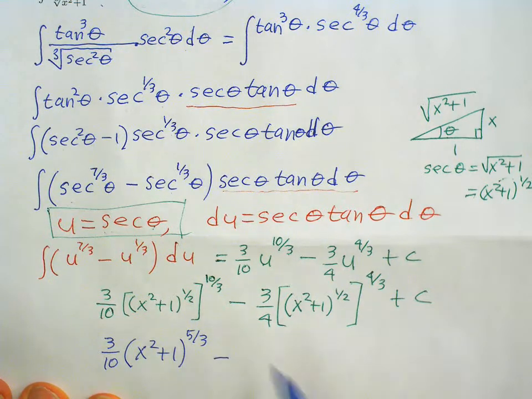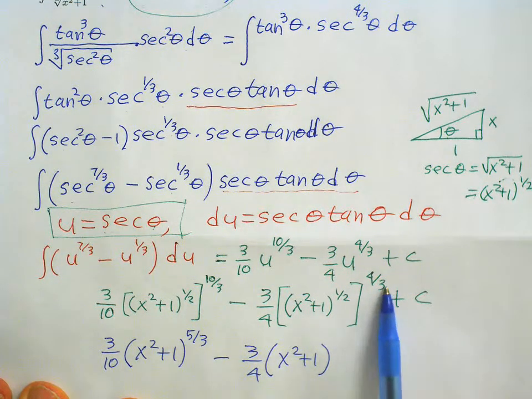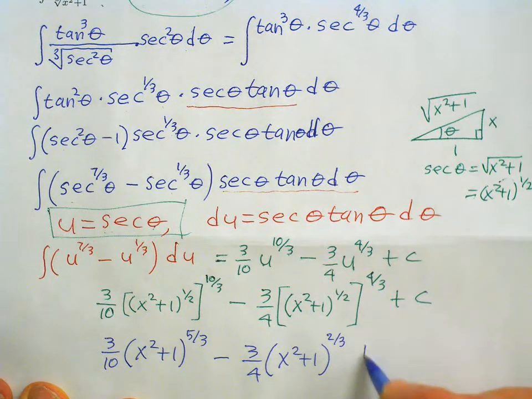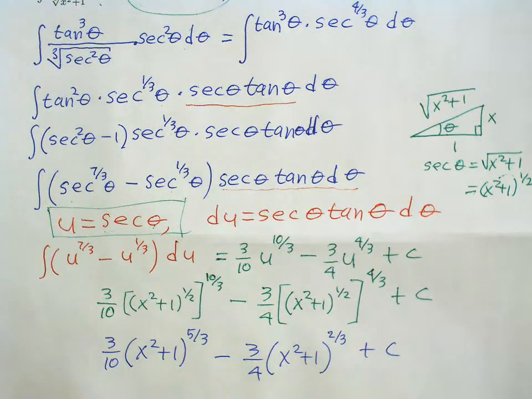And then we have minus 3/4 times the quantity x squared plus 1. And here we multiply the exponents, 4/3 times 1/2 to get 2/3, and then plus a constant. Okay, so this is our final result of that indefinite integral.